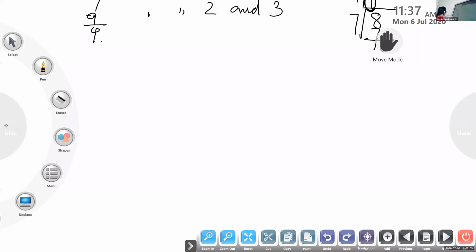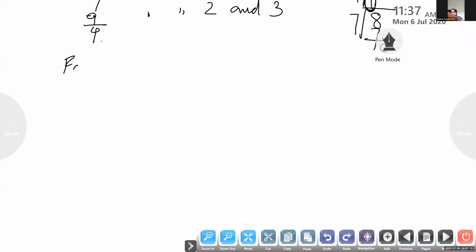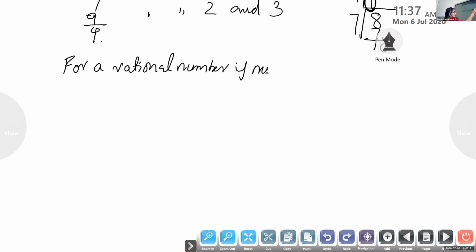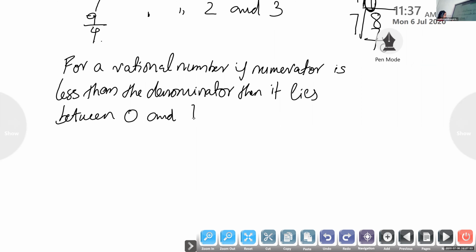For a rational number, if the numerator is less than the denominator, then it lies between 0 and 1. Write examples.